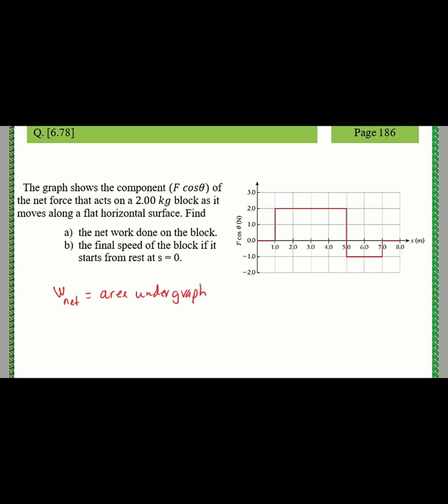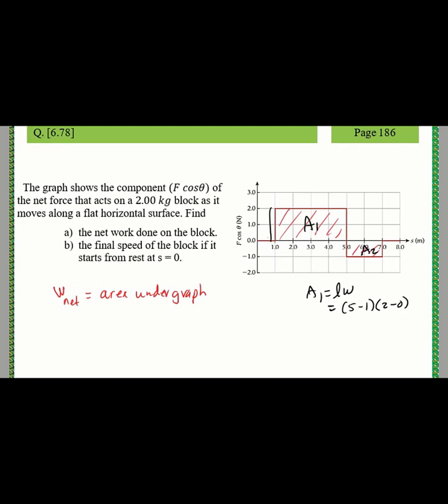I have here two areas. This one I will name as A1, and that one, the smaller one, I will name as A2. Now A1 is L times W. L from 1 to 5, so it is 5 minus 1. The height from 0 to 2, so it is 2 minus 0.